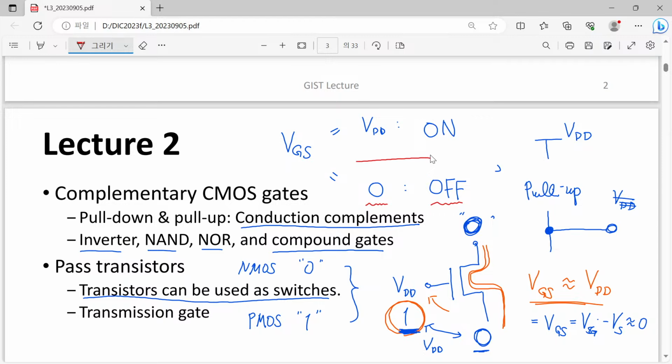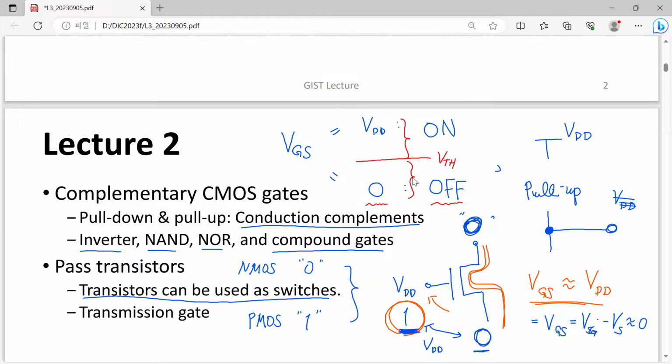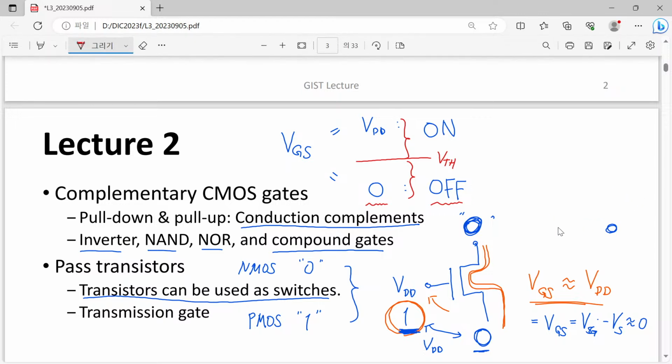And when VGS is beyond the threshold voltage, the transistor is turned on. When VGS is lower than the threshold voltage, it is turned off. Let's make a concrete example. Assume that VDD equals 0.7 volt, and our threshold voltage happens to be 0.2 volt.